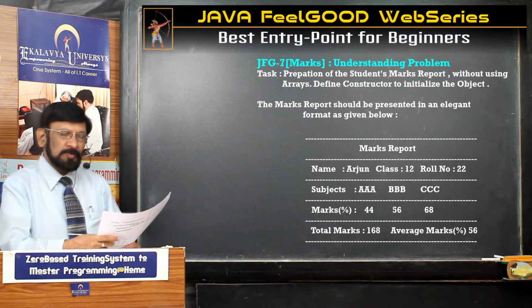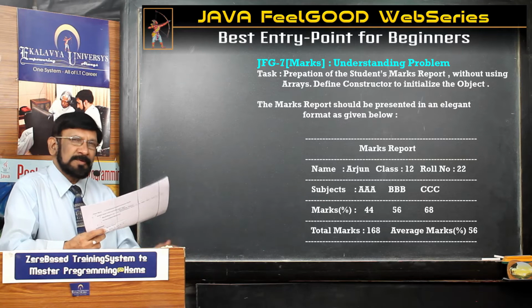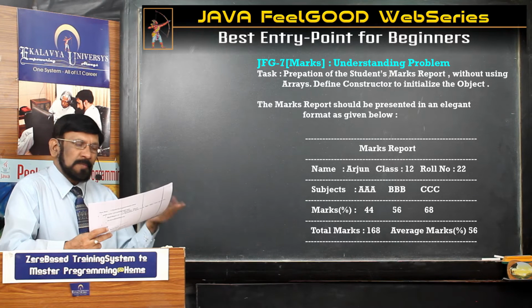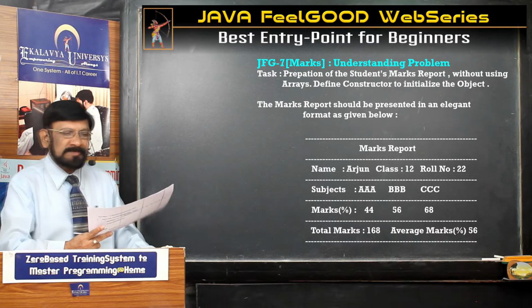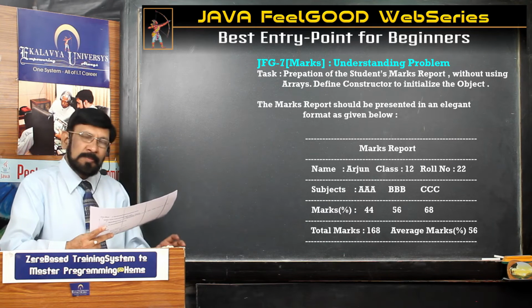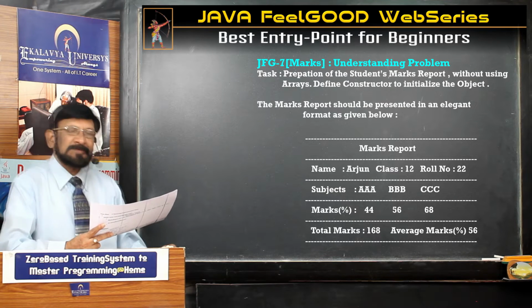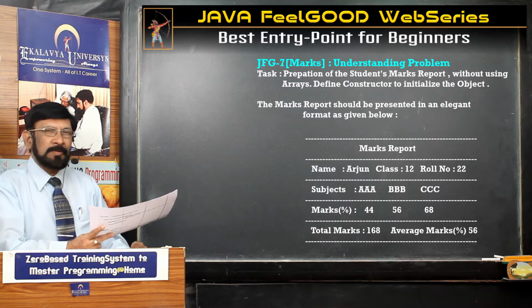Now your mental work is over. Now, what are the types? Types and all that you are well versed in. However, once again, I repeat: name, obviously it is a string; class number, always it is an integer because it is a whole number like 10th class, 12th class, etc. Roll number, obviously it is also an integer. Thereafter, as far as subject names are concerned, here one principle we follow.